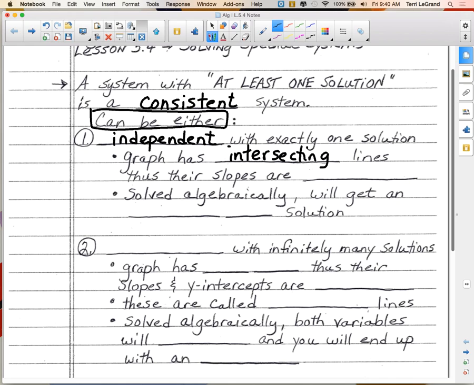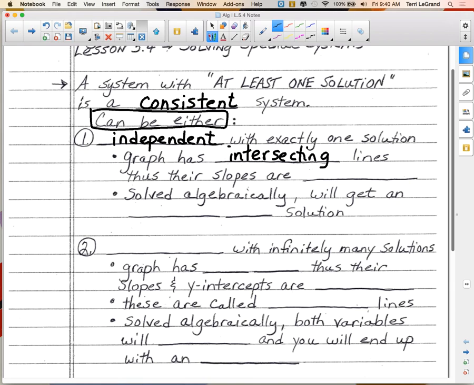No. We learned that same slope with different y-intercepts means what? Parallel lines. Okay, well, if they're going to intersect, they can't have the same slope. You can rule that one out.